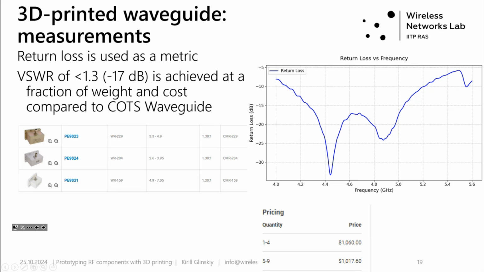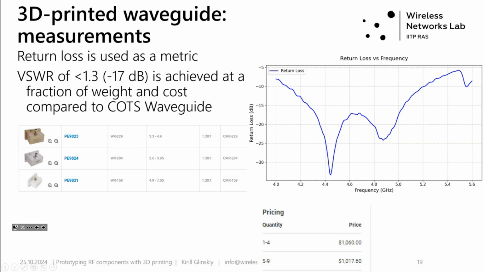Otherwise, in terms of large scale characteristics like return loss and the bandwidth, it was quite similar, but I believe the CST was a bit better in terms of bandwidth.